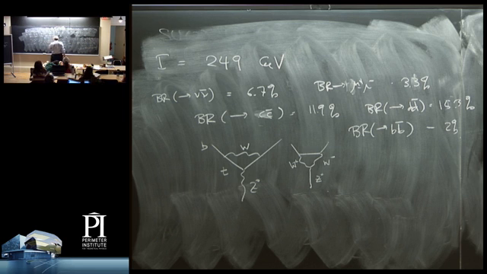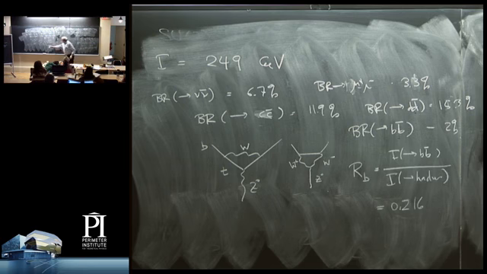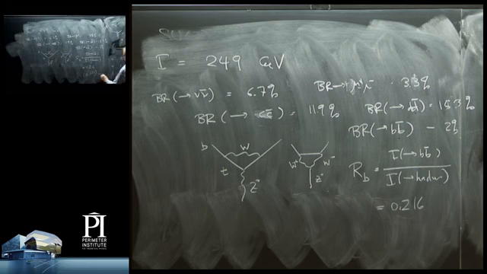And this turns out to be, I think, 0.216. So it's a little greater than a fifth because the down quarks are more populous than the up quarks. But it's lower than it would be without this correction. Without that correction, it would be 0.220.